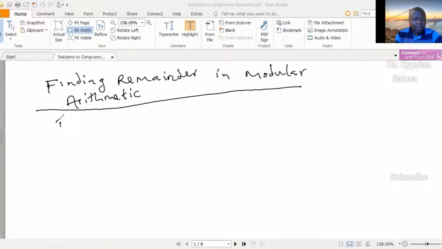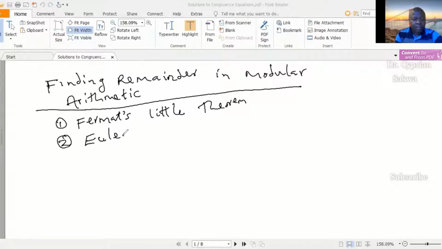Among them, we shall be using Fermat's little theorem, which we know how it states. Then we shall also use the Euler theorem in our other examples.